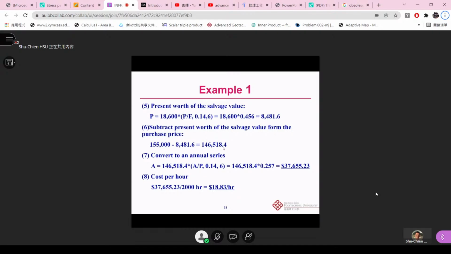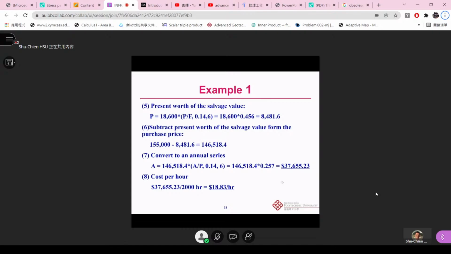So we have the net present value. Okay, but actually what we can do is also directly like convert this P to A and also convert this A to A. Okay, we still can get the same A as the 33,655.23. You can also try it and the answer should be the same.